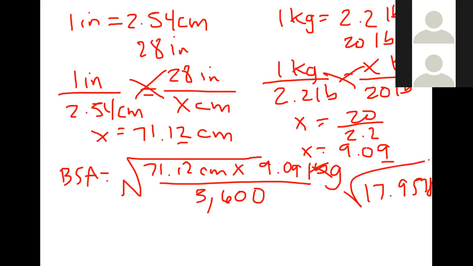And we're taking the square root of that. So x is equal to 4.237. So if we round off, 4.24. Okay.